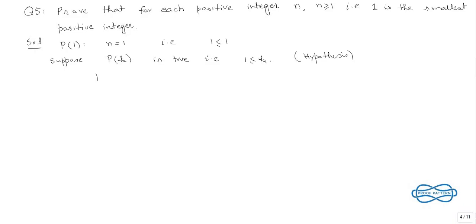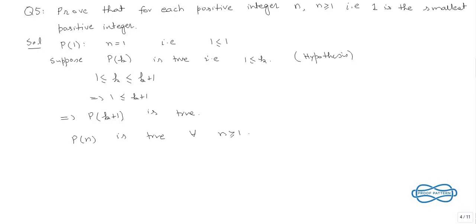Clearly, if 1 is less than or equal to k and k is less than or equal to k plus 1, this means 1 is less than or equal to k plus 1. This means Pk plus 1 is true. And then by first principle of finite induction, Pn is true for all n greater than or equal to 1.